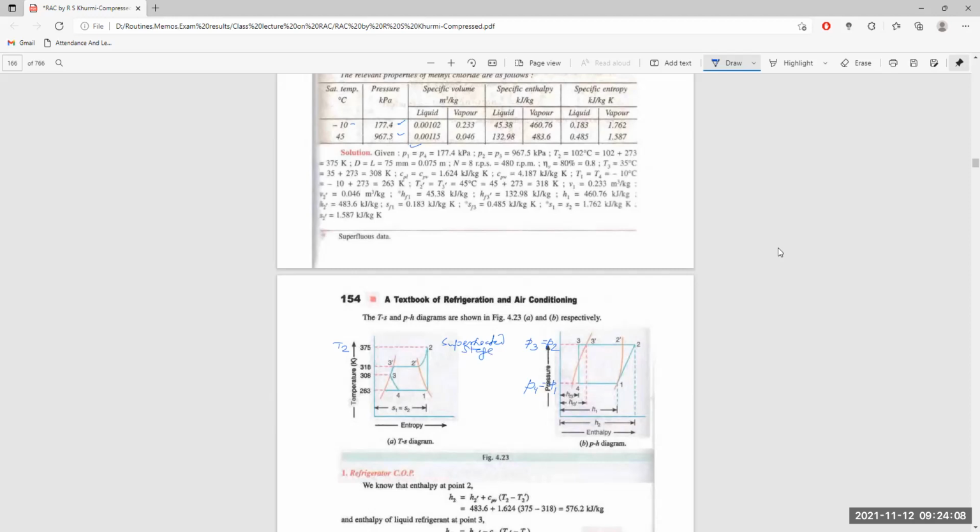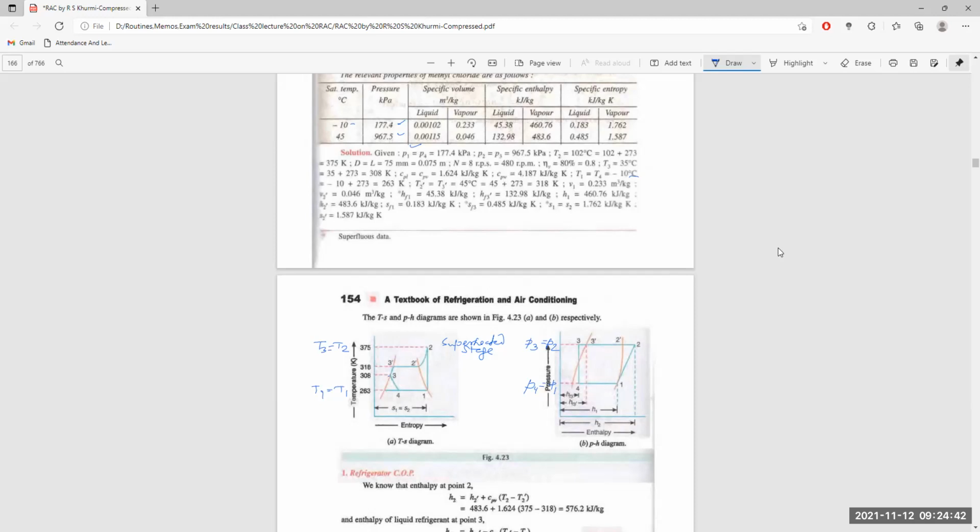T3 is 35 degrees centigrade, that is 308 Kelvin. T1 is minus 10 degrees centigrade, and T1 is equal to T4.